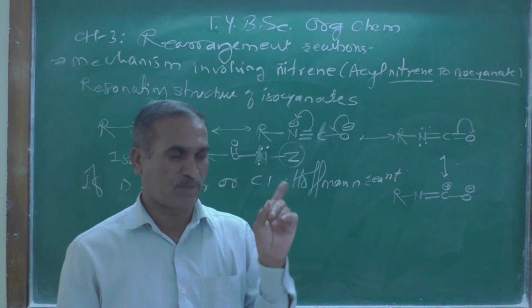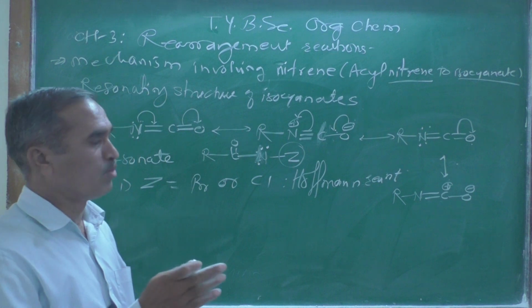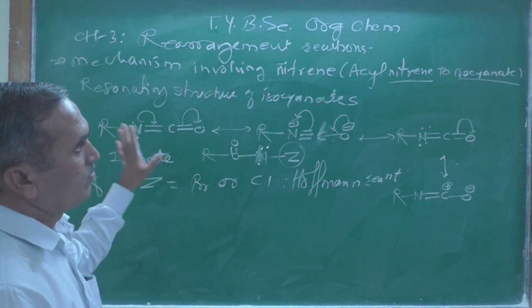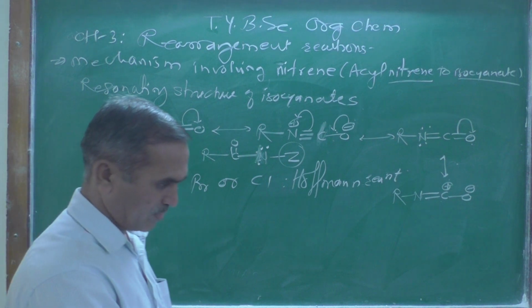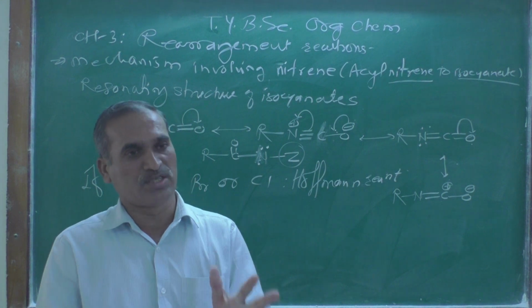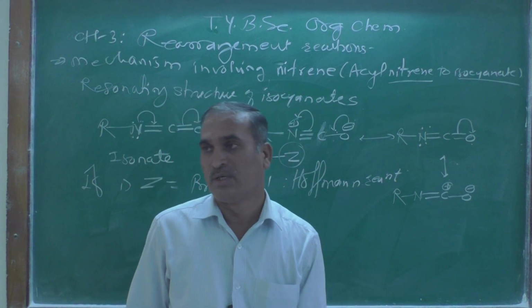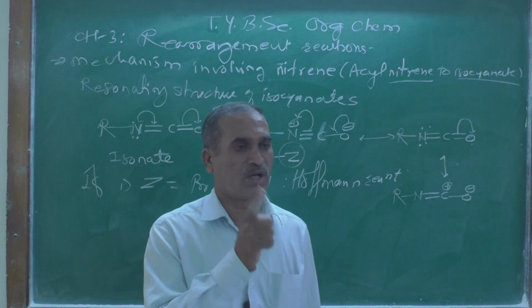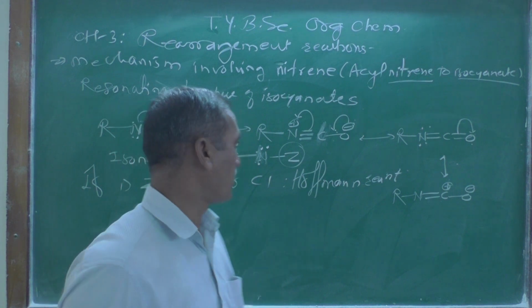So for that purpose we can use this reaction for removing one carbon atom from the starting material. When you want to shorten the carbon chain, you can use this as one of the ways or routes to obtain the general reaction.